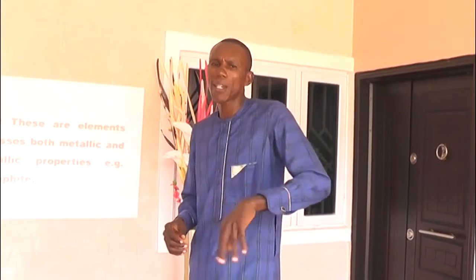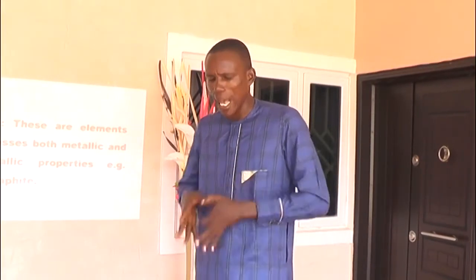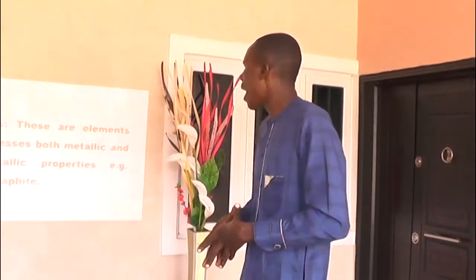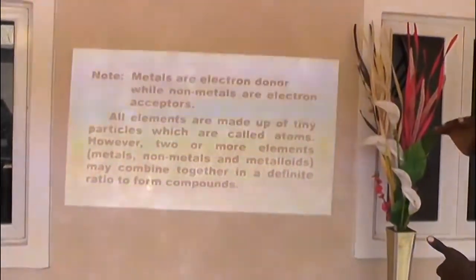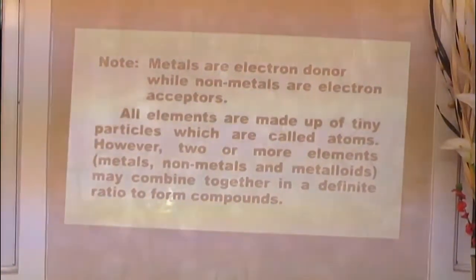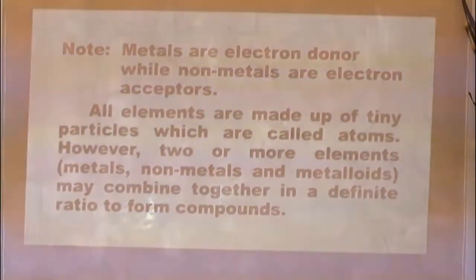Another example is silicon. It has the properties of both metal and non-metal. Now, as a way of recap, we need to understand that all metals are electron donors, while all non-metals are electron acceptors.